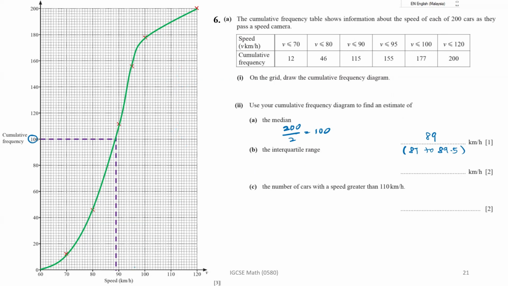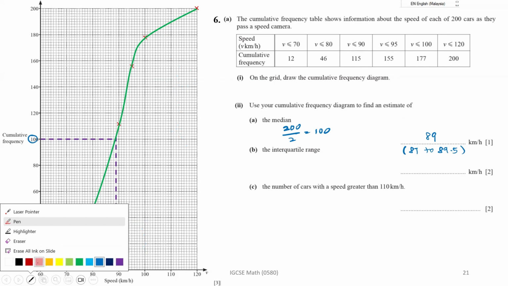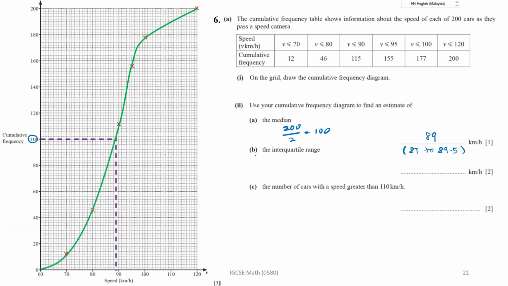Now the interquartile range. 75% of 200 is 150, and 25% of 200 gets 50.